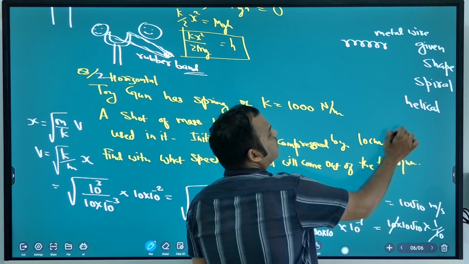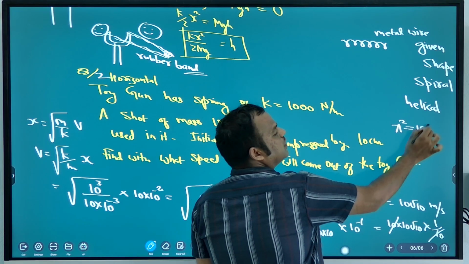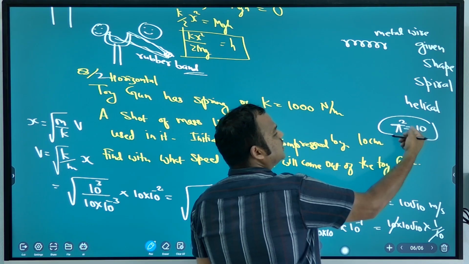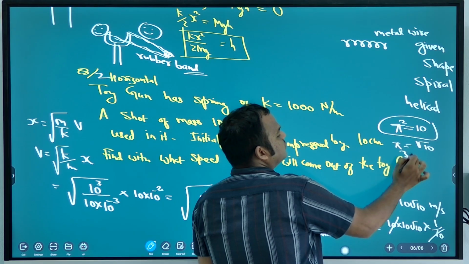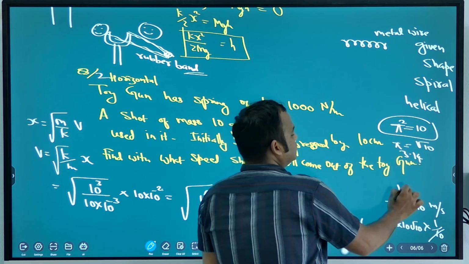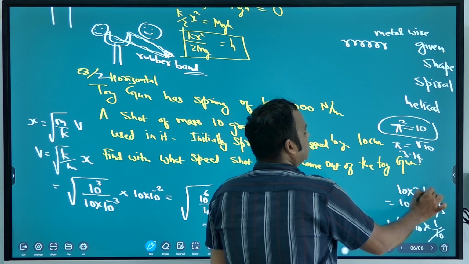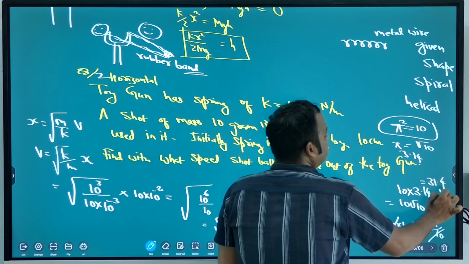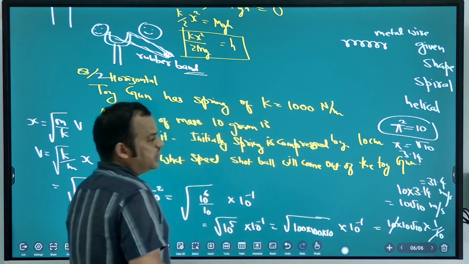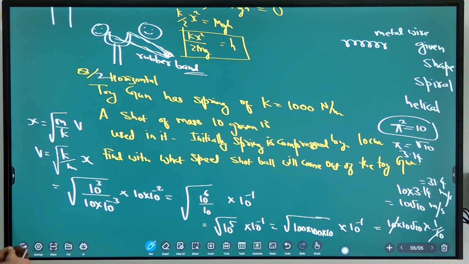You can take 3.14, because pi square is approximately 10. So 3 into 10 into 3.14. So approximately the answer is 31.4 meter per second.